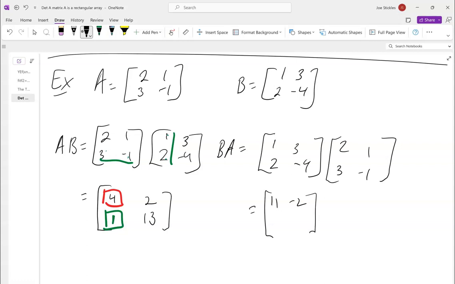Lower left, -8. Lower right, 6. Good. All right, so we're taking row, match it with a column, row, match it with a column, row, column, row, column.